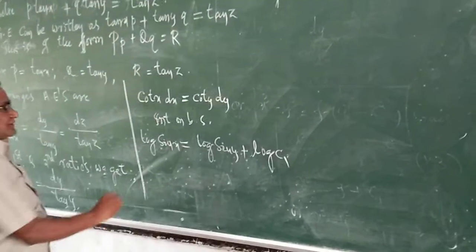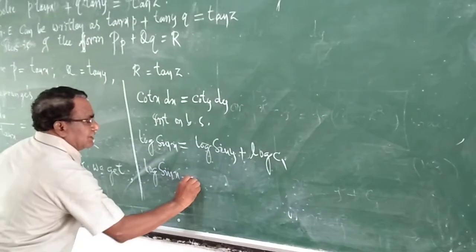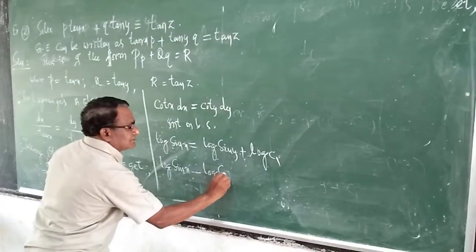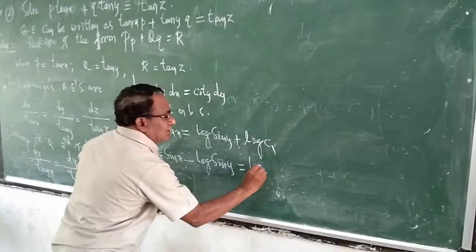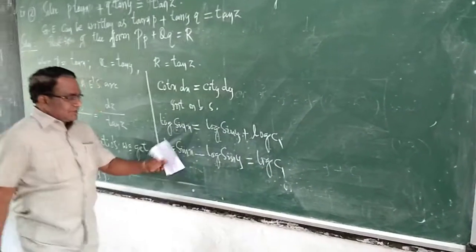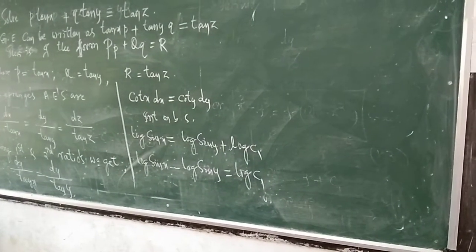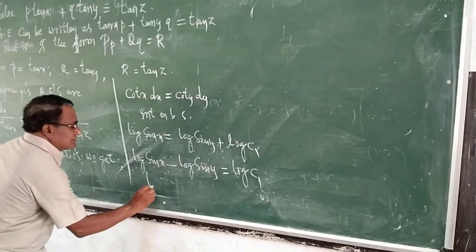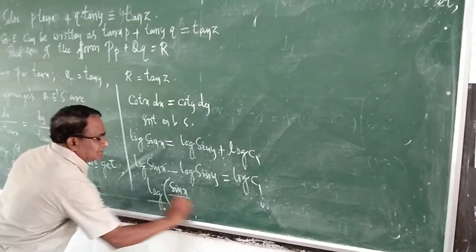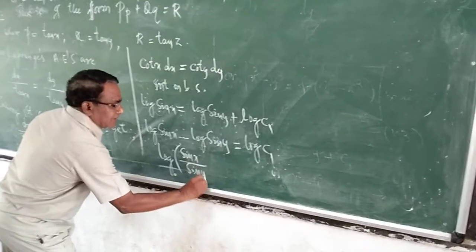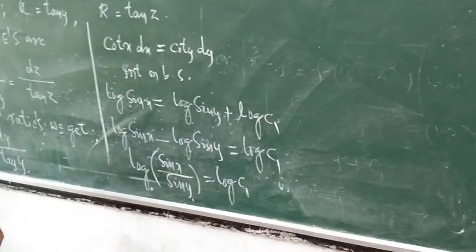And you can simplify this: log sin x minus log sin y, taking this term to the left hand side, is equal to log c1. This is of the type log m minus log n, which may be written as log m by n. It is sin x by sin y is equal to log c1.